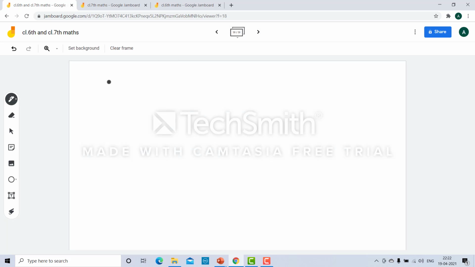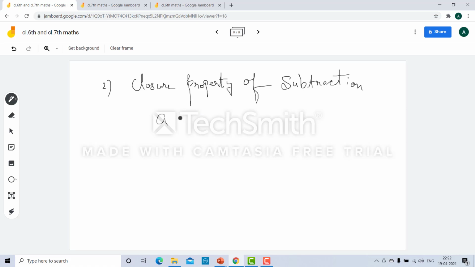Next, children, the next property we have is the closure property of subtraction. What is this closure property of subtraction, children? It means that suppose A is an integer and B is an integer.